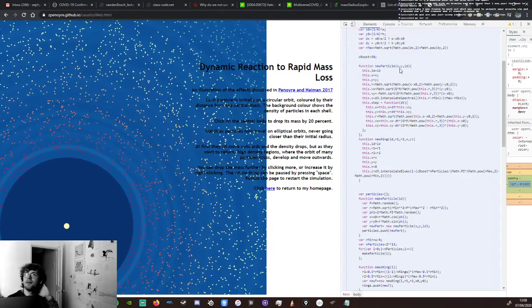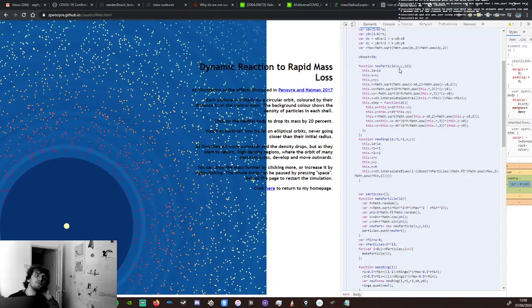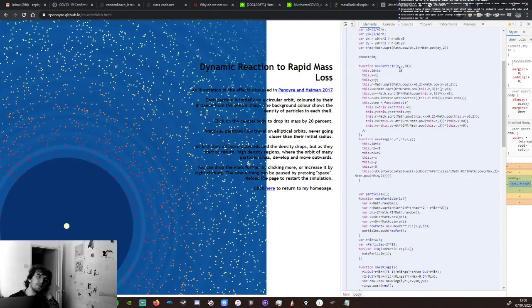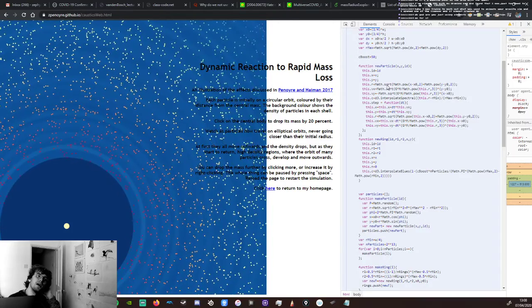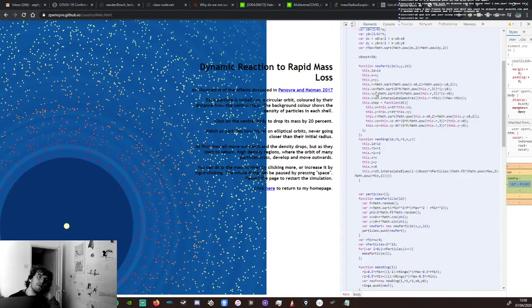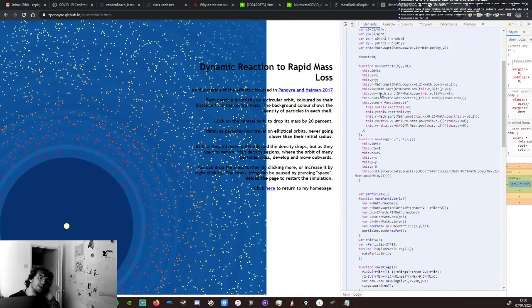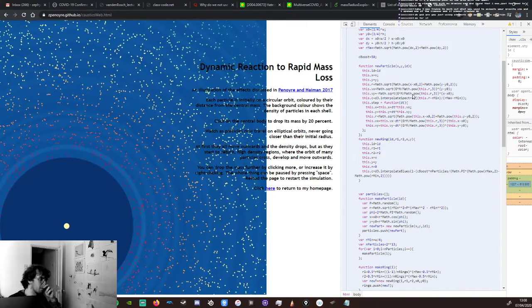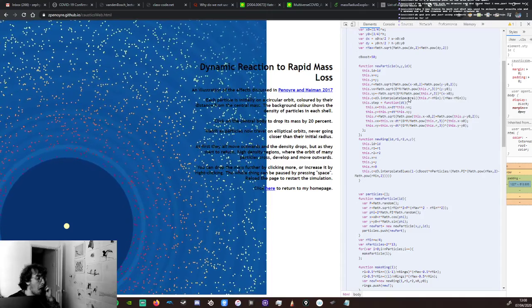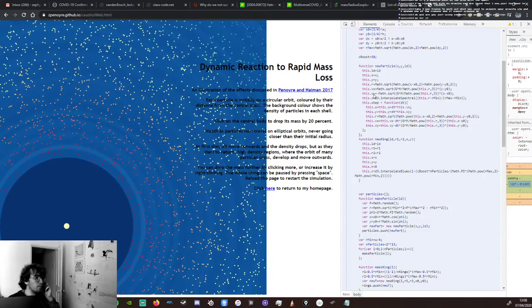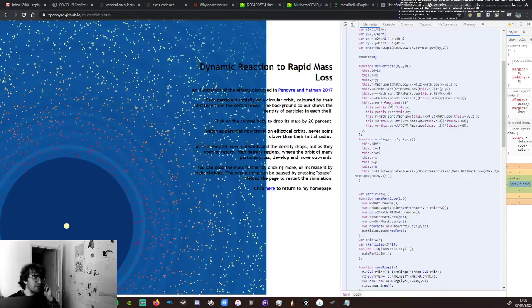I know you're using Python, not JavaScript, but same kind of idea. You use an init in the object. This is just making sure that it's going at circular velocity to begin with. Color, unimportant, but just being set by the initial radius.